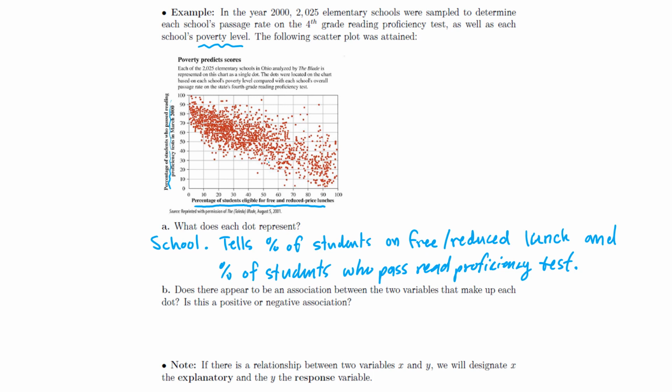However, there's lots of variation. If you told me that it's 80%, here's a value way down here for an 80% free and reduced lunch, and there's a value way up here.